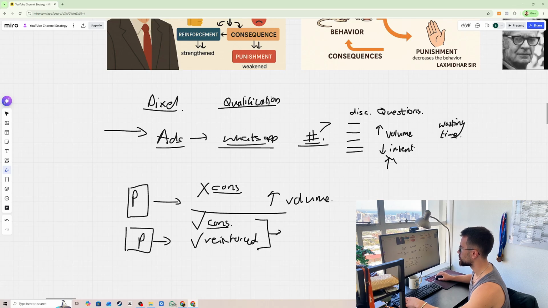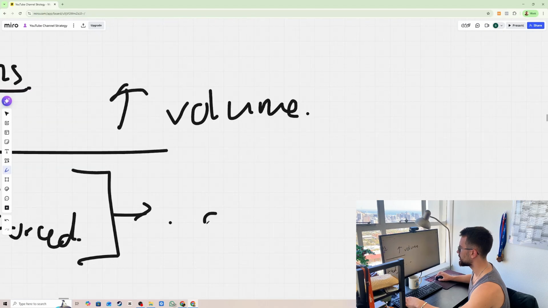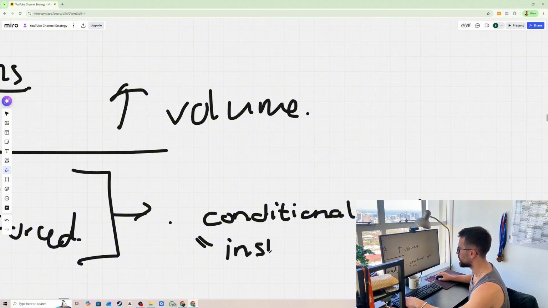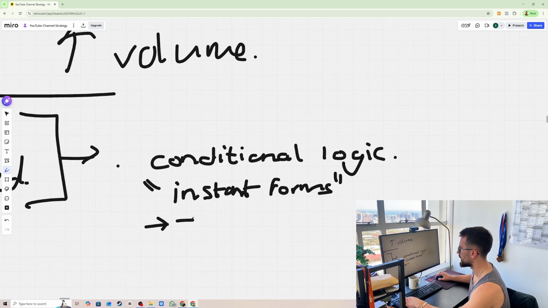Okay, so how do we do this? This is something known as conditional logic. And we can do this inside Facebook with the instant forms, or you can do it on your website, or you can use something like Typeform.